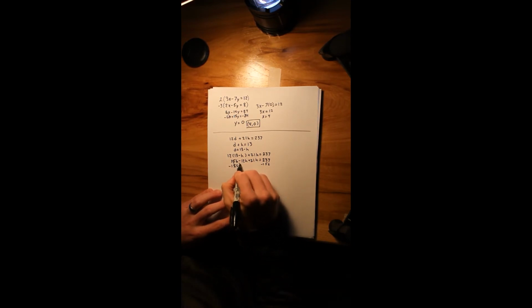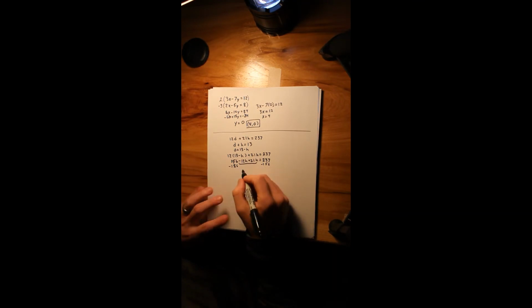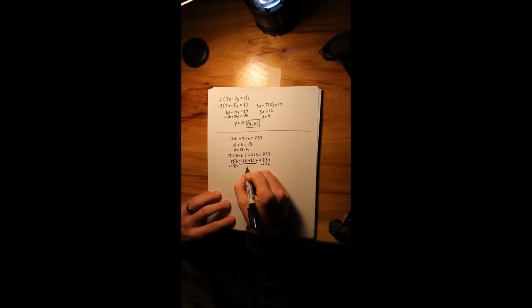Also, I can combine like terms here. So 12 plus what is 21? Well, that would be 9. So 9H equals 81. So hamburgers purchased is 9.